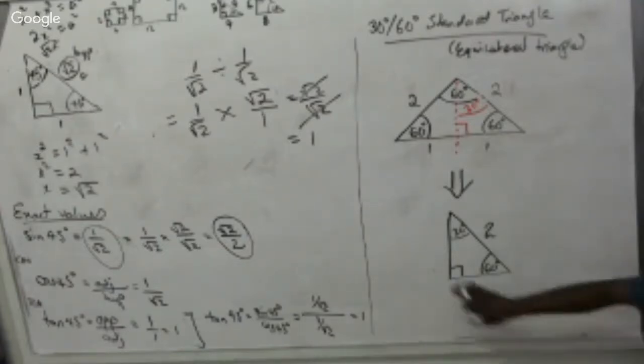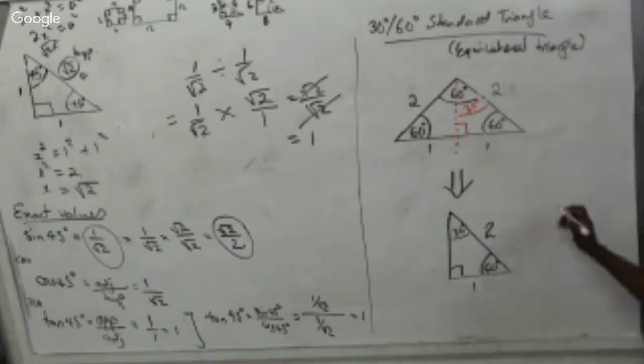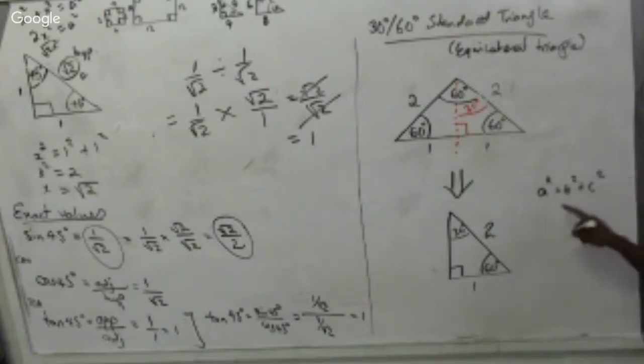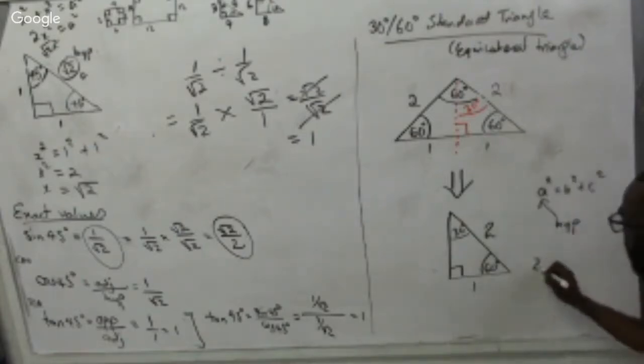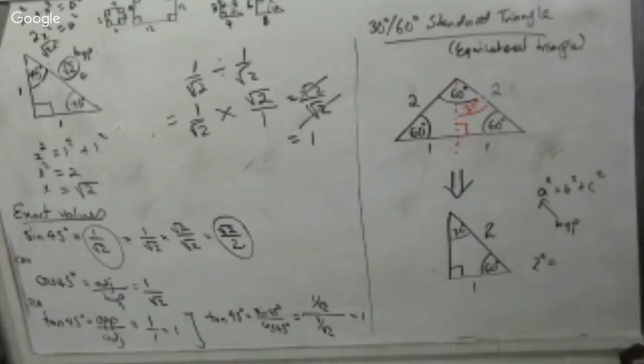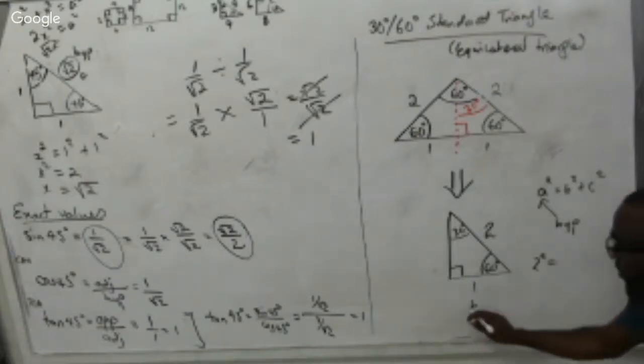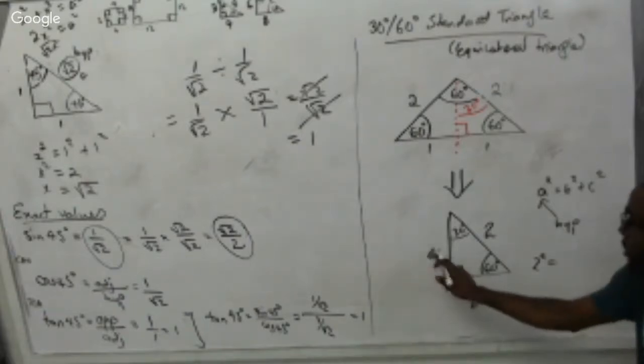What does Pythagoras' theorem say? a squared equals b squared plus c squared, where a is the hypotenuse. It only works when it's the hypotenuse. What's the hypotenuse here? So that is 2 squared equal to, well, I can randomly call that b, and I can randomly call that c.